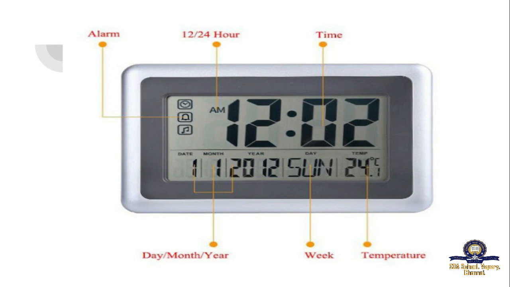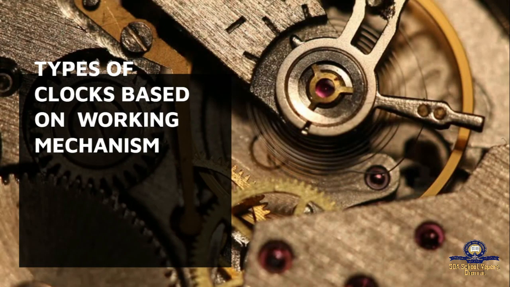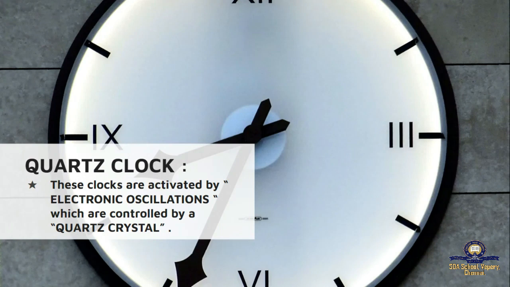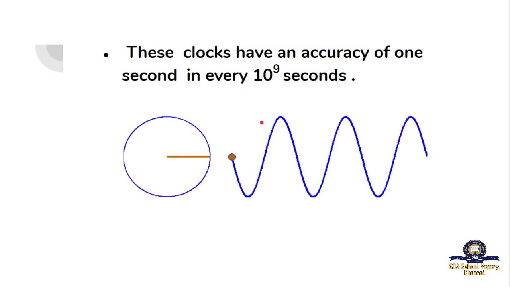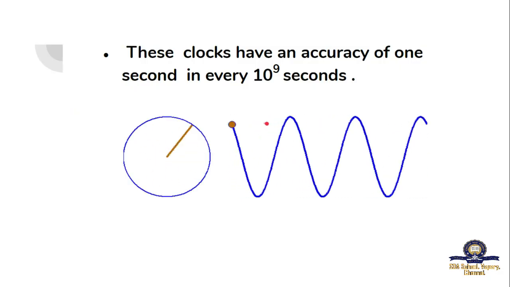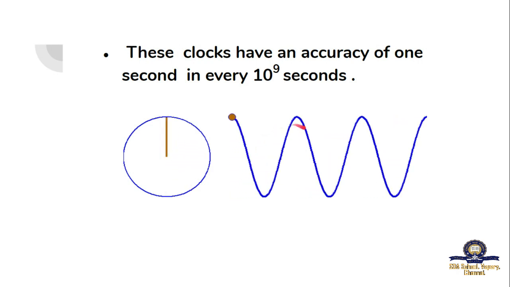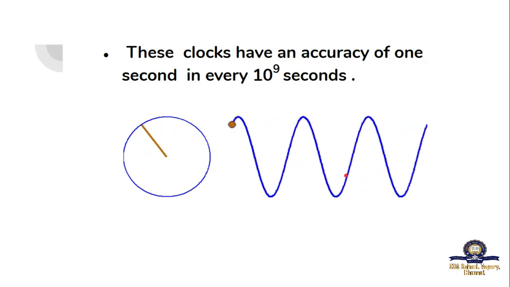Now we will see the types of clocks based on working mechanism. How the clocks are working based on mechanism. The first one is quartz clock. Quartz clocks are activated by electronic oscillations which are controlled by quartz crystals. See, the frequency of a vibrating crystal is very precise.